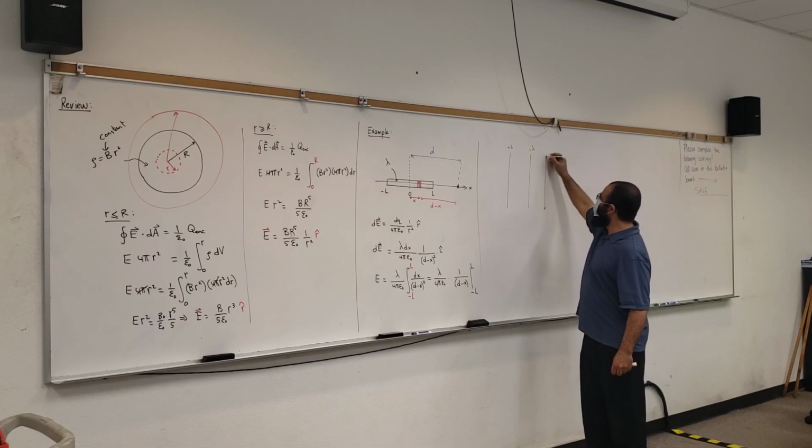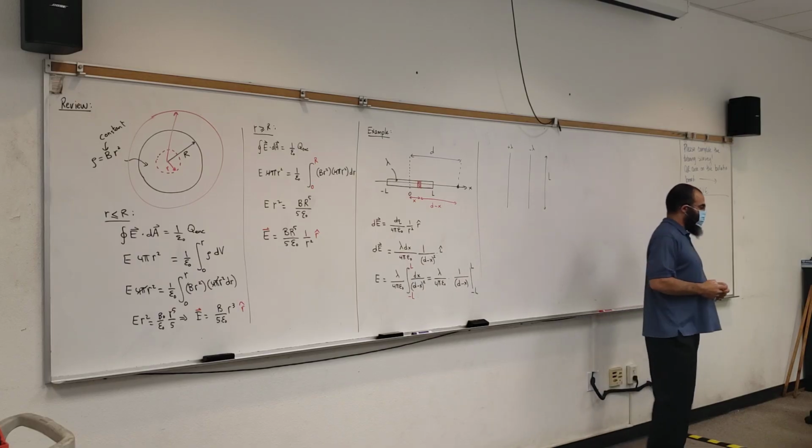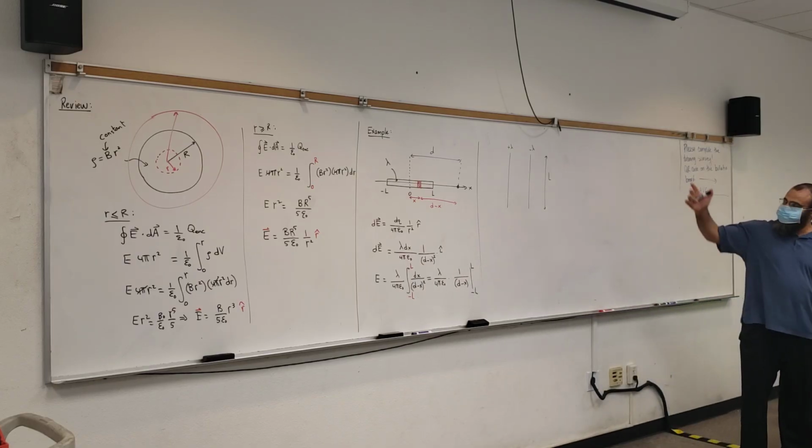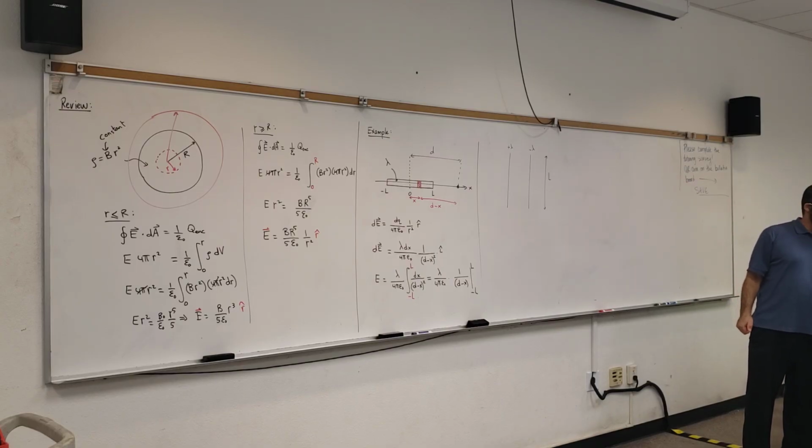Their length is L. I have two line segments, one of them is positive lambda, the other one is negative lambda. So they would attract or repel. They would attract, right, because they're opposite each other.